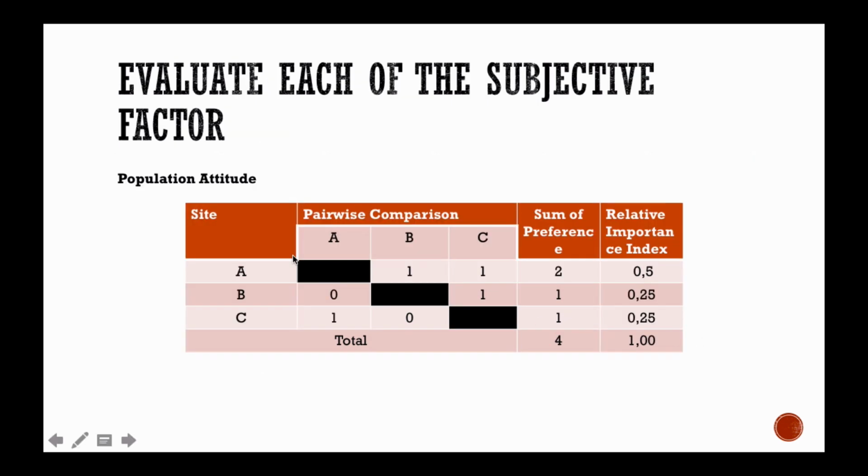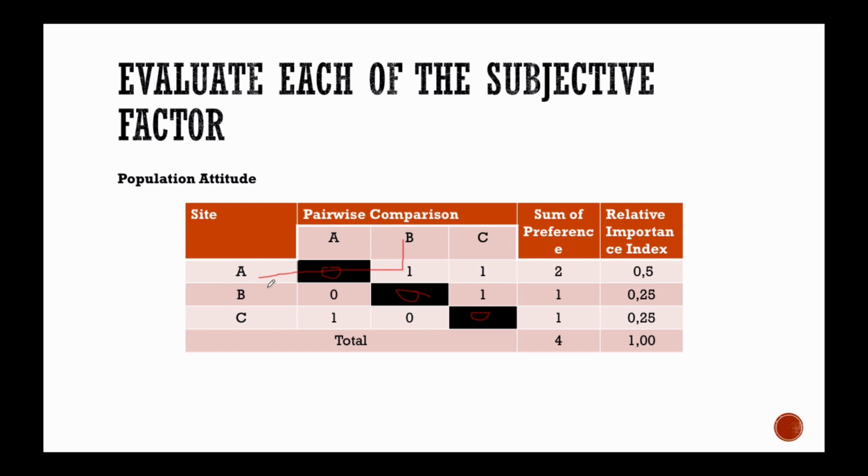Next, we try to evaluate each of the subjective factors. First, we start from the population attitude. We're going to compare the population attitude between side A, side B, and side C. Like previously, I said that we cannot compare the same factor, the same side, so I give it a black color, and then I'm going to compare side A and B in a population attitude term.